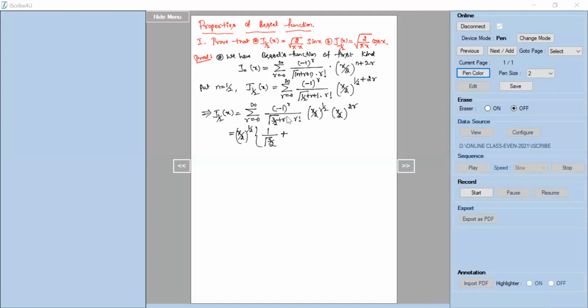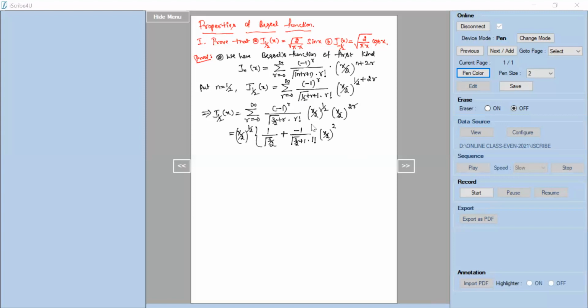Next, summation means plus. Next we put r is equal to 1. If I put r is equal to 1, it is minus 1 power 1, so it is minus 1 divided by the denominator: gamma of 3 by 2 plus 1, into 1 factorial, into x by 2 whole square.